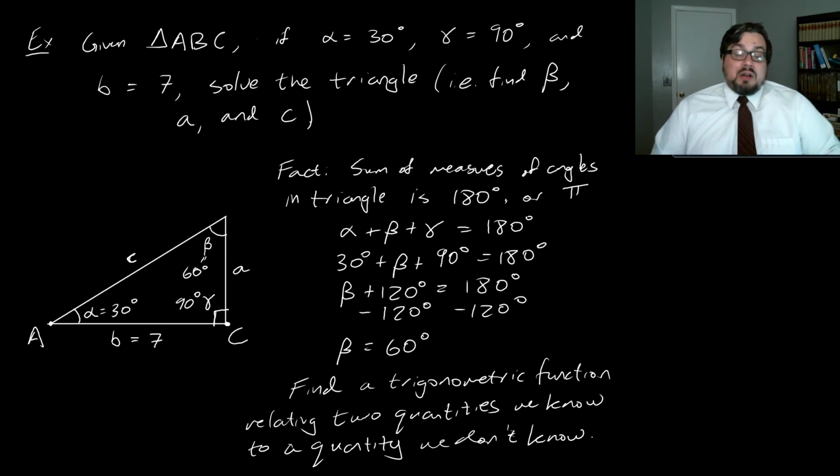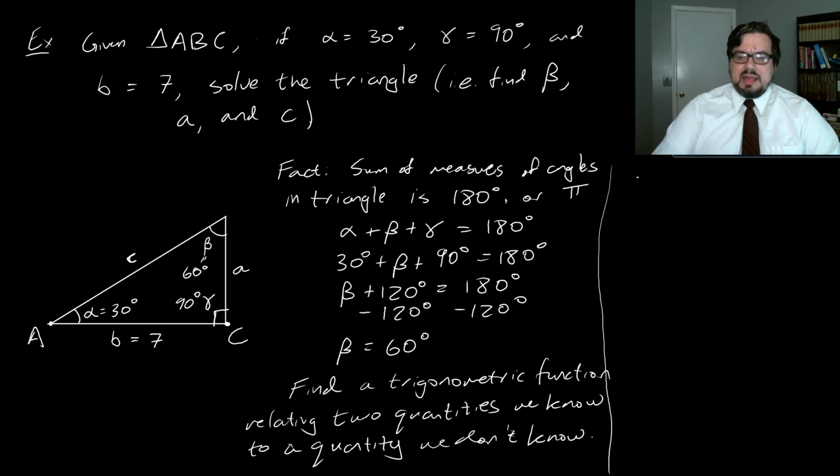We still have two unknown quantities here, A and C. We're going to attack each of them individually, one at a time. So let's start with A.